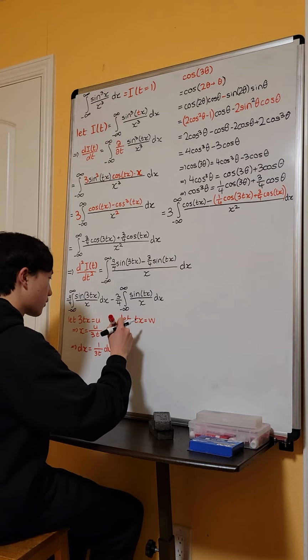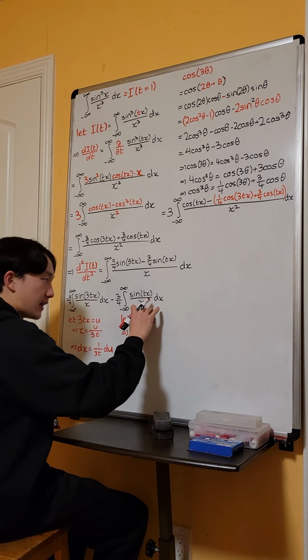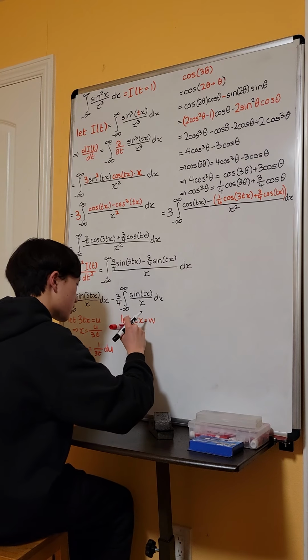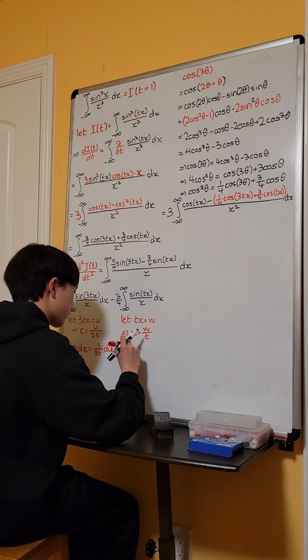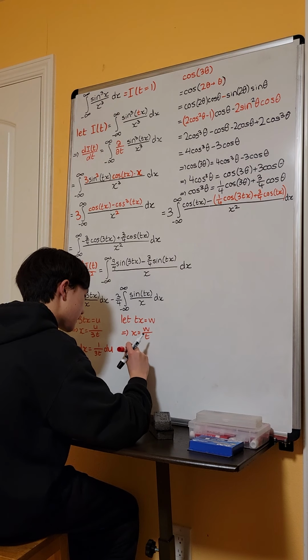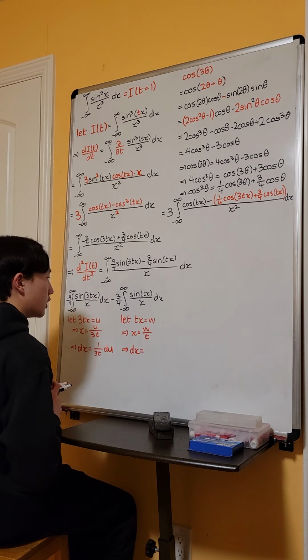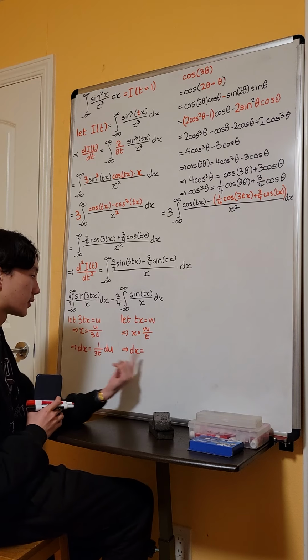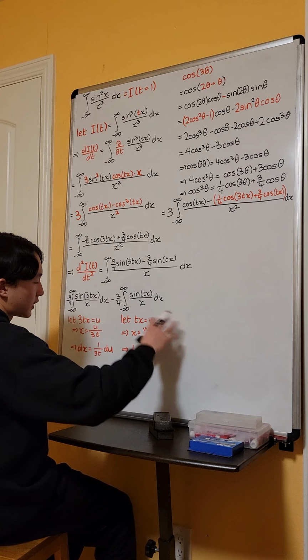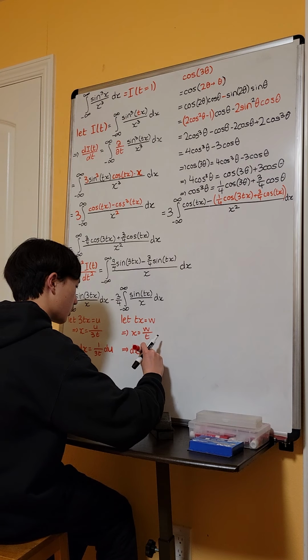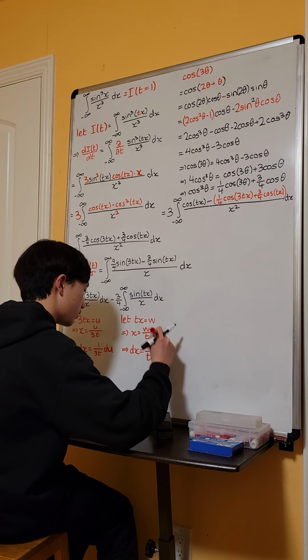You can't use the same variable, of course. Once again, you have an x hanging out here, so we want to isolate it. So x is equal to w over t. dx is equal to, since w is your variable, differentiating with respect to w, 1 over t, which is just a constant, times dw.